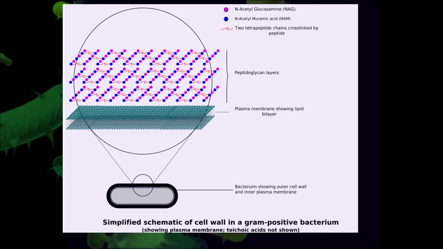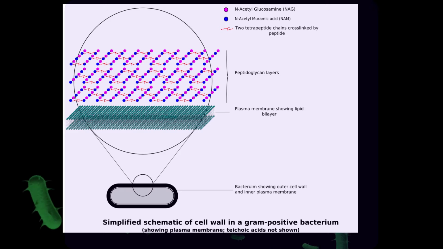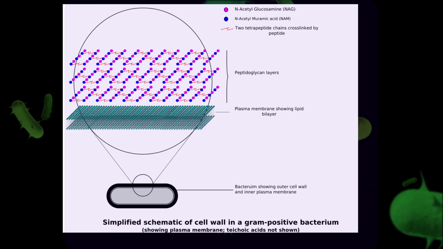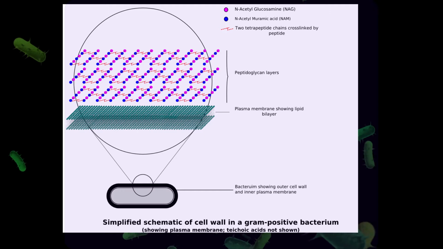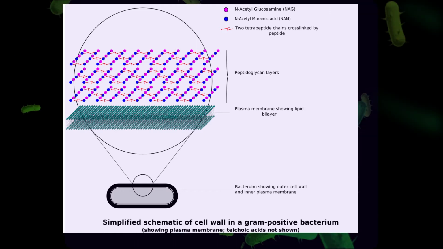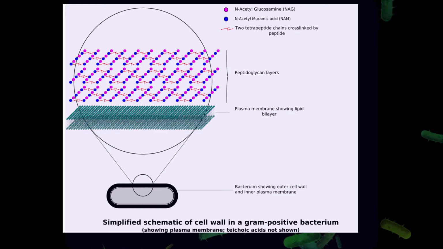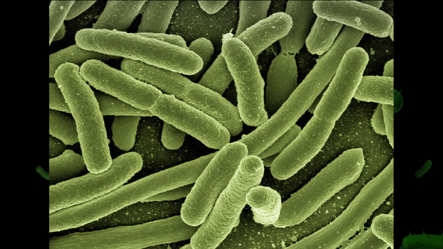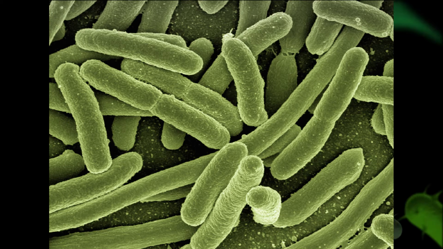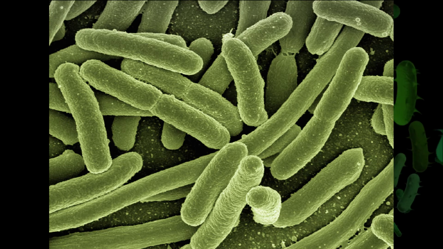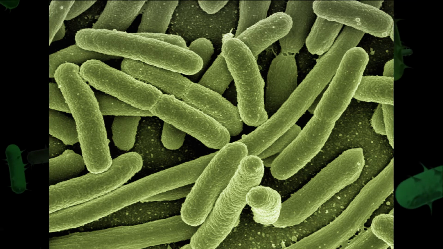Further to the peptidoglycan, there are other things that play a role. In gram-positive cells, there are teichoic acids. These are molecules that run parallel to the peptidoglycan sheets, and they are only found in a smaller subset of gram-positive bacteria. When you change focus to gram-negative, because they don't have the same substantial amount of peptidoglycan, they have other molecules, notably lipopolysaccharides.